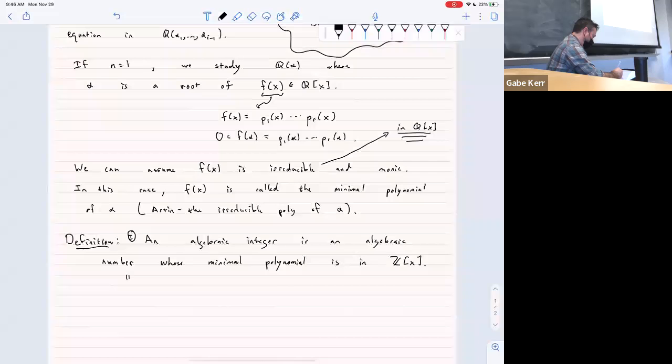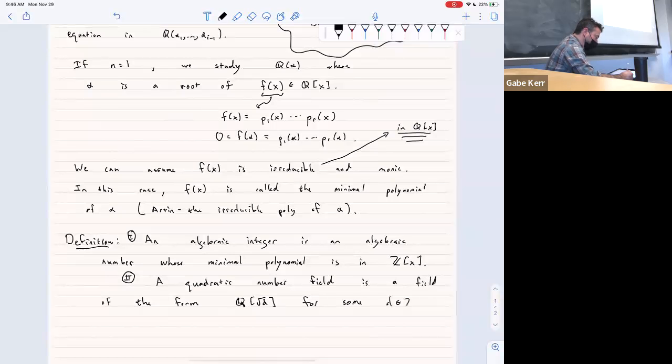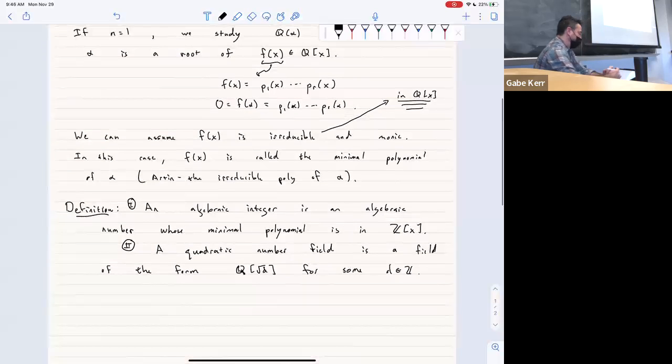Another: a quadratic number field is a field of the form Q adjoined square root of d, for some d, and you probably want d to not be a square.